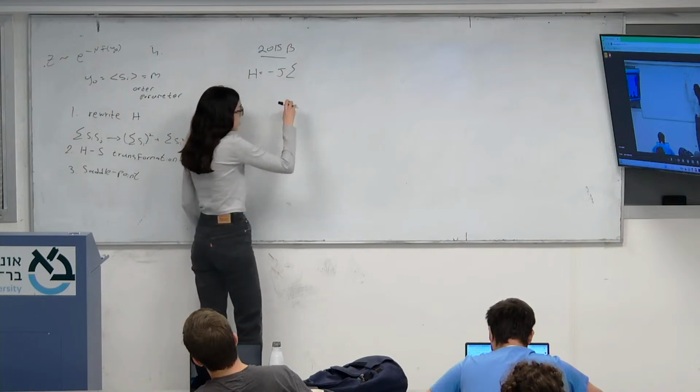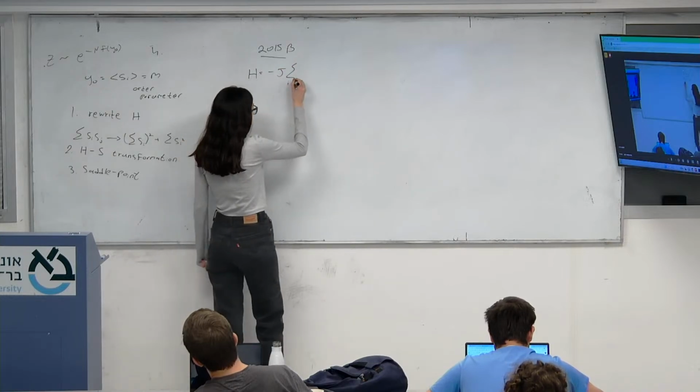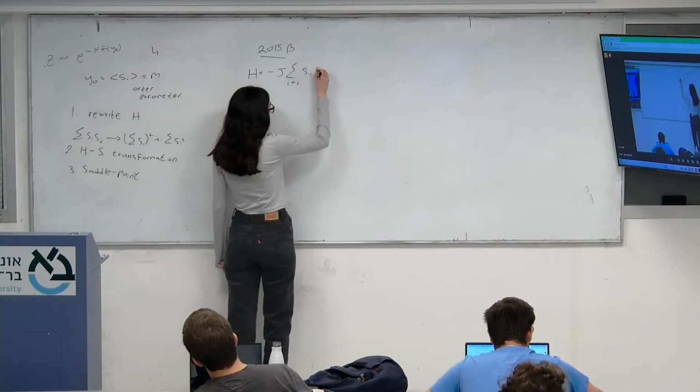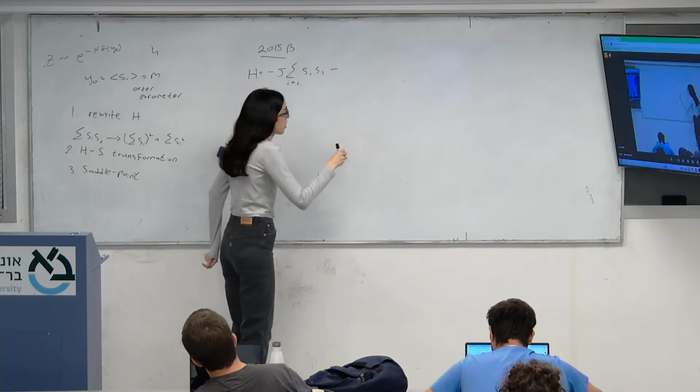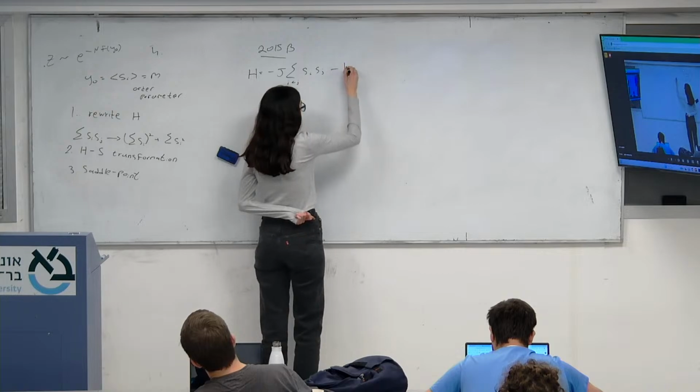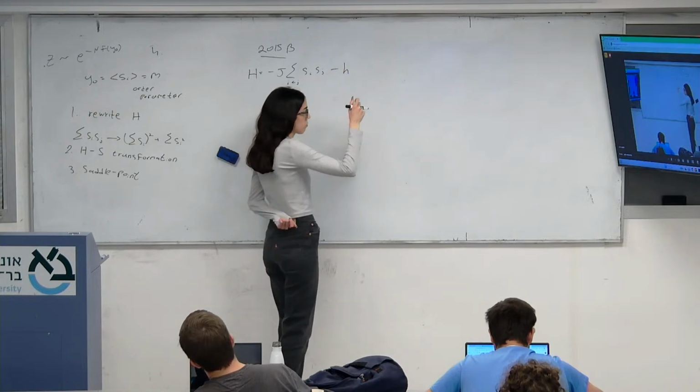So you have the mean field interaction, Si, Sj, but the external field is now divided into two different regimes.